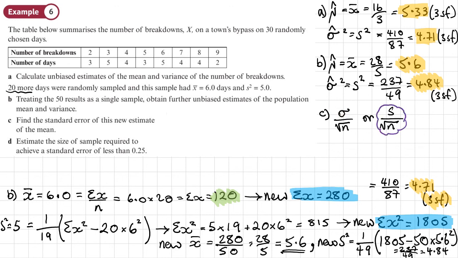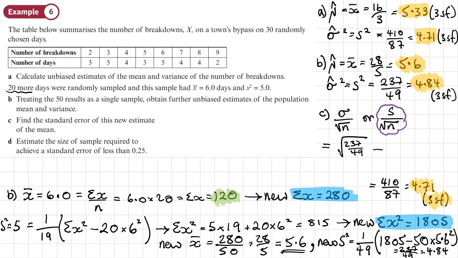So our estimate for S will be, and I'm going to use the exact value, that 237 over 49. So it's going to be the square root of 237 over 49. And then all of that needs to be divided by the square root of n.